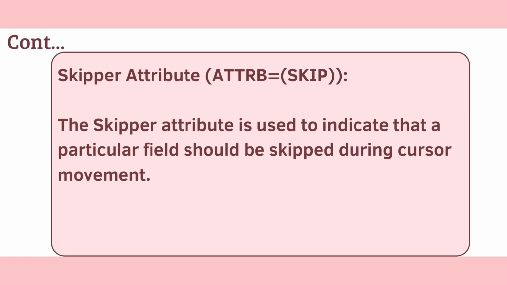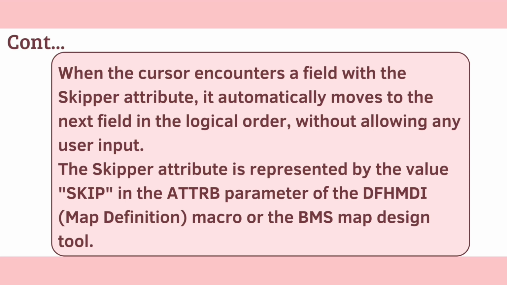Please have a look. The skipper attribute is used to indicate that a particular field should be skipped during cursor movement. When the cursor encounters a field with the skipper attribute, it automatically moves to the next field in the logical order without allowing any user input.